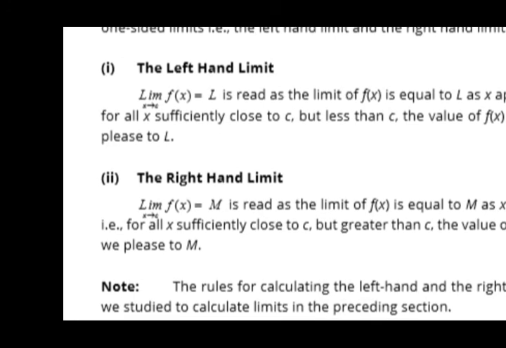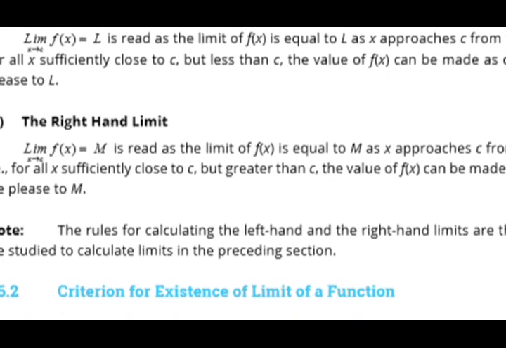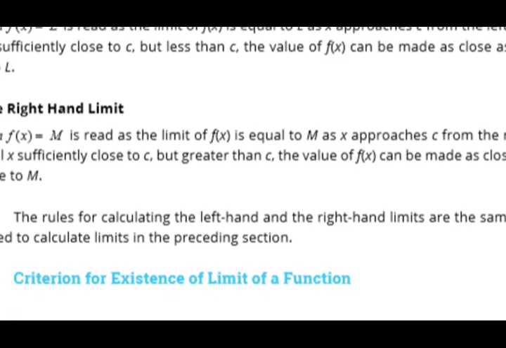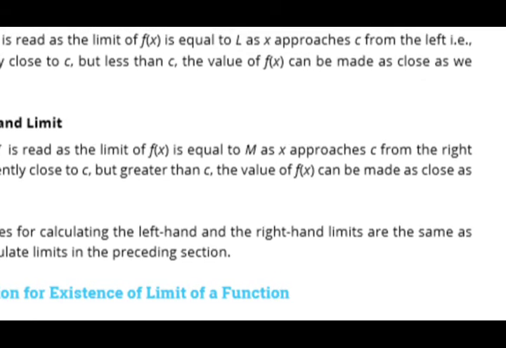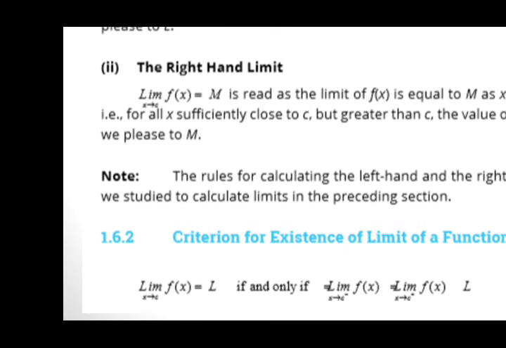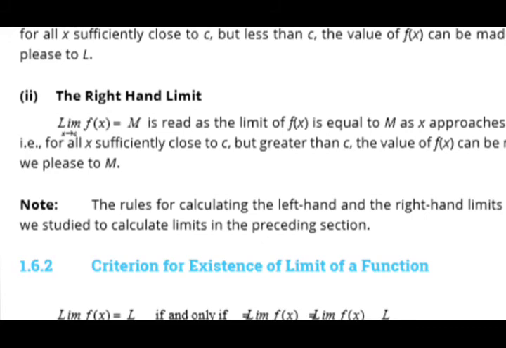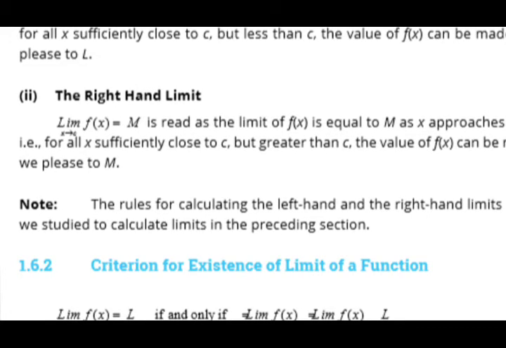The right hand limit means if x tends to c and c is equal to 3, then the right hand limit uses values like 3.01, greater than 3. It is read as the limit of f of x is equal to M as x approaches c from the right, for all x sufficiently close to c but greater than c.